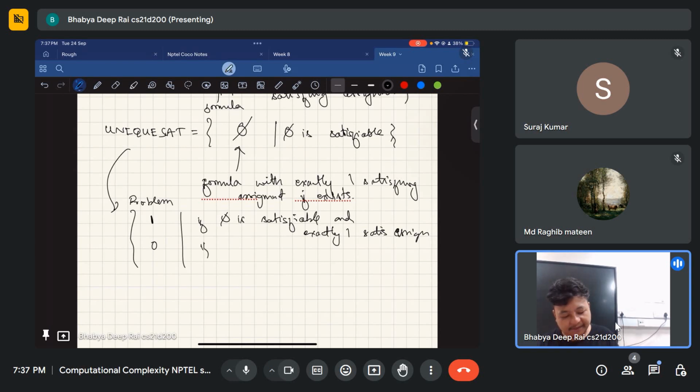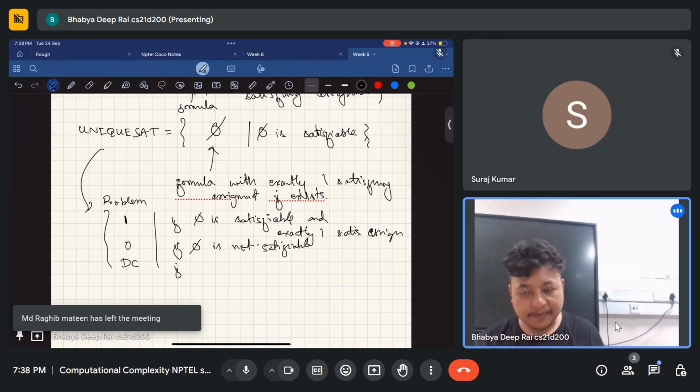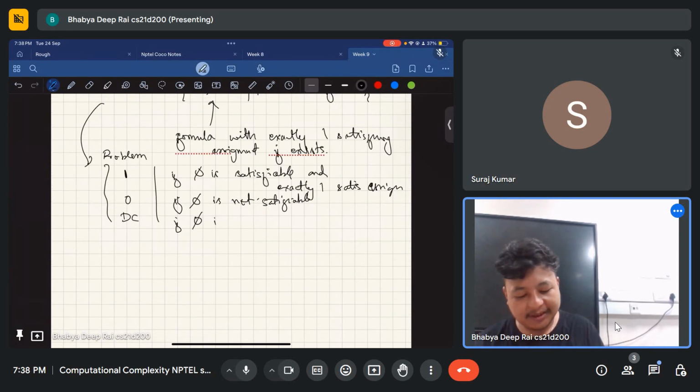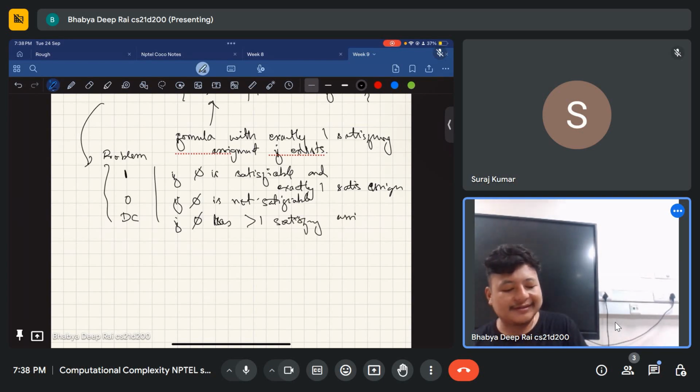Zero if phi is not satisfiable, and don't care, meaning I don't care what the algorithm does if phi has greater than one satisfying assignment. This is the standard form in which it is given to us.